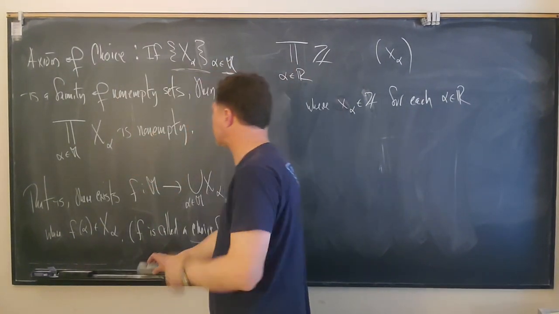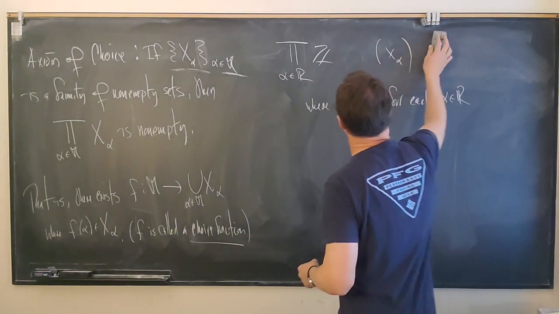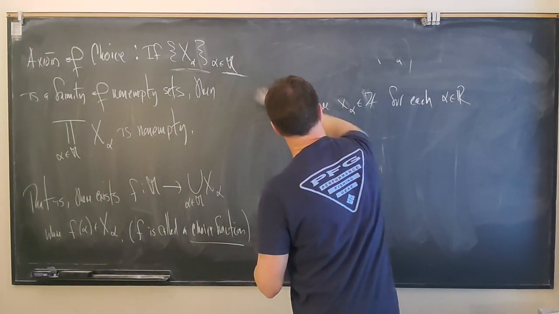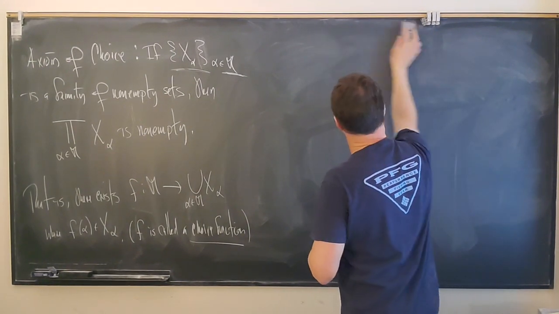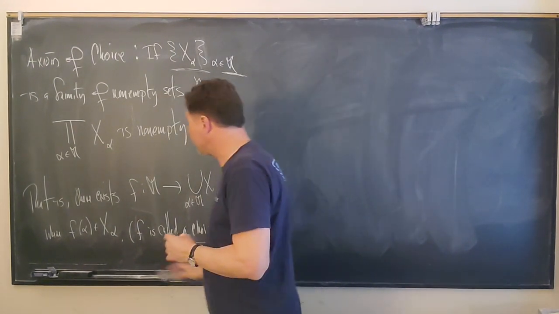Now, okay, so that's the axiom of choice. It turns out that in mathematics, there are a whole bunch of equivalent statements.